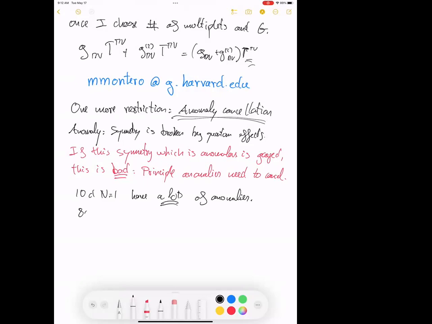This was studied in the 80s by Green and Schwarz, and you can find a very good discussion in the Green, Schwarz, Witten book of superstring theory, volume 2.